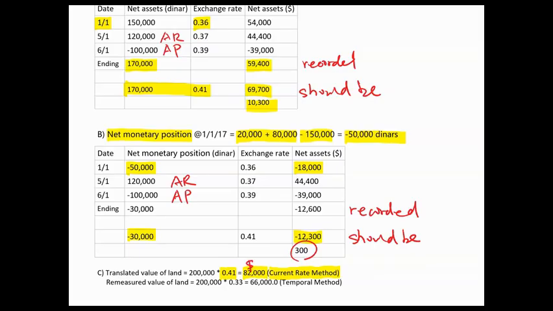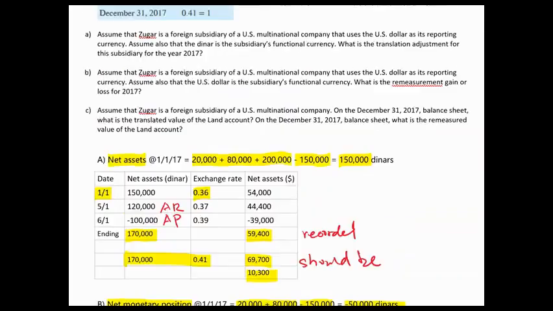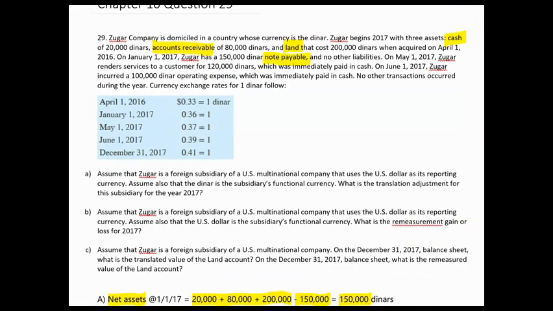And then how about the remeasured value of land, which means that we are going to use the temporal method. If we are using the temporal method, then we translate the land value based on its historical rate. The historical rate is the rate of the day when the company purchased the land. So let's have a look at the transaction about the land.